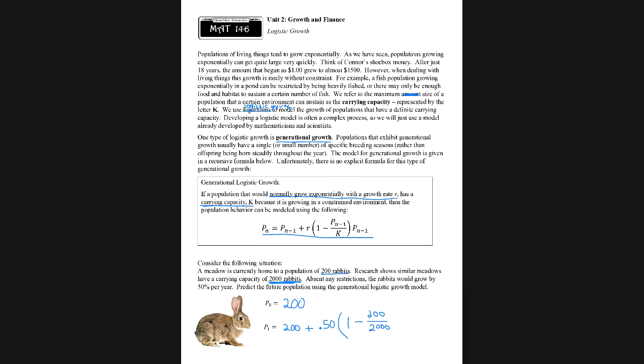And I'm going to multiply that by 200. So when you do all that on the calculator, what you're going to end up getting is 290. So P sub 1 is 290 rabbits. So the population increased by 90 rabbits.